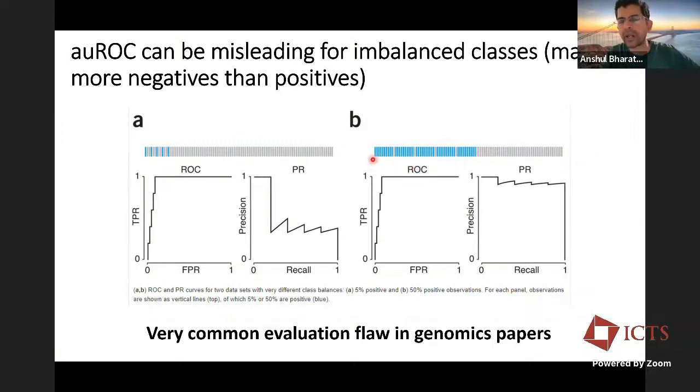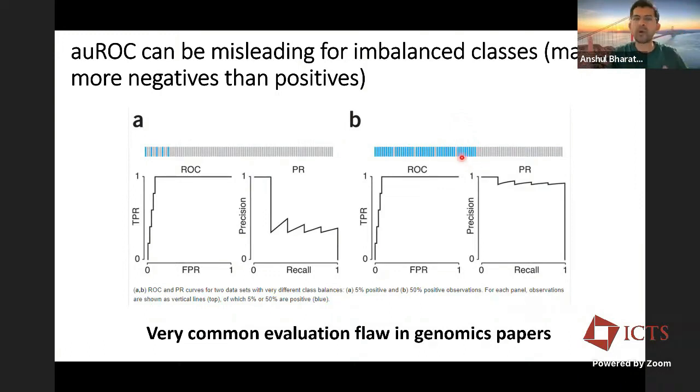The highest scoring examples are on the left, and the lowest scoring examples on the right. In this particular classifier, most of the top scoring examples are blue, which is great. The positive examples are universally ahead of the negative examples, and this is a good classifier.